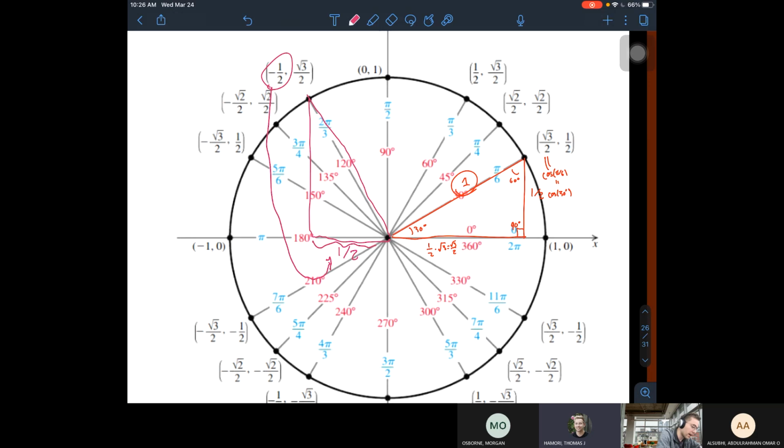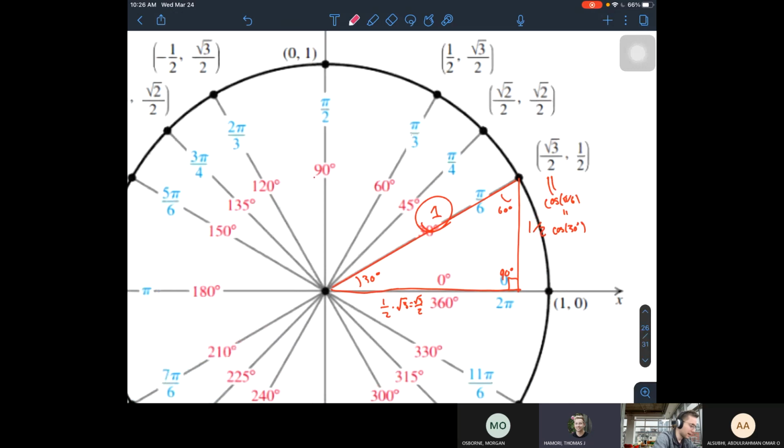This length here is 1/2, and this length here is the square root of 3/2. As for the length of the side which goes from the center of the unit circle to the outside of the unit circle, you know that one's always equal to 1. So yes, you can absolutely use this on the exam, but it's not going to get you the right answer most of the time unless you know how to use it.